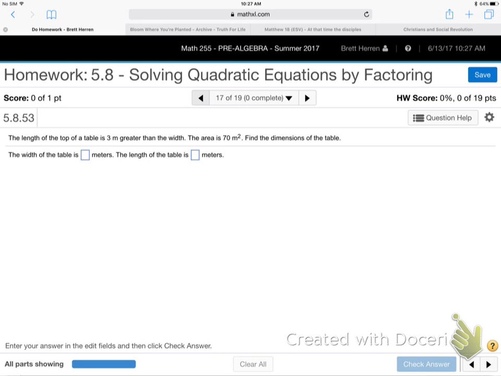The triangle formula is a half times base times height. And then you plug the stuff in, but you gotta get rid of that half right away, multiply both sides by 2. And it'll be 2A on the other side.